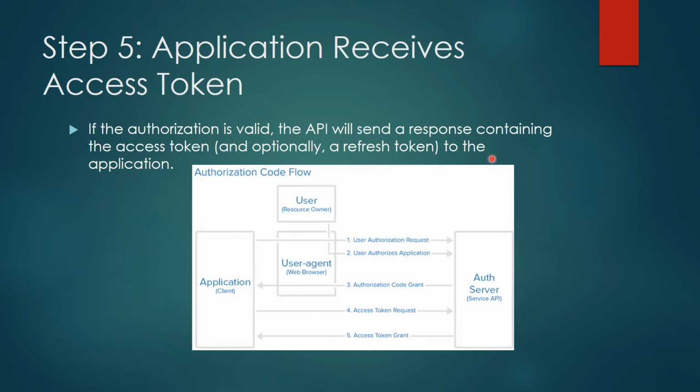So the next step is just that the application receives the access token. If everything passed successfully in the previous parts, at this point, the 5th point, the application is going to have the access token. With that access token, the application is going to call the resource server to drain some resources.